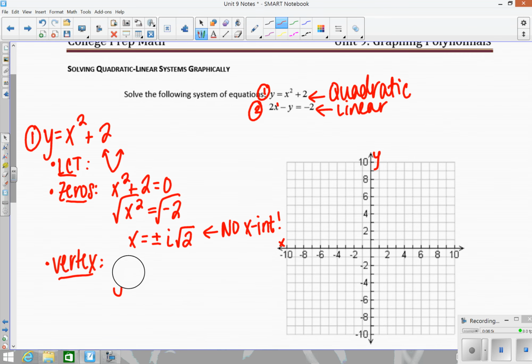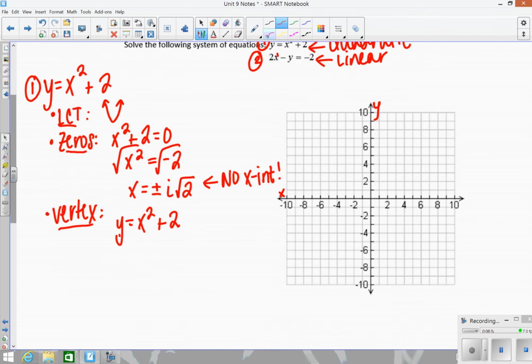So we're going to take this equation and we want to get it into vertex form. You can complete the square to get there. Vertex form, remember, is when you have x plus or minus some number, all squared, and then you have the plus number at the end.